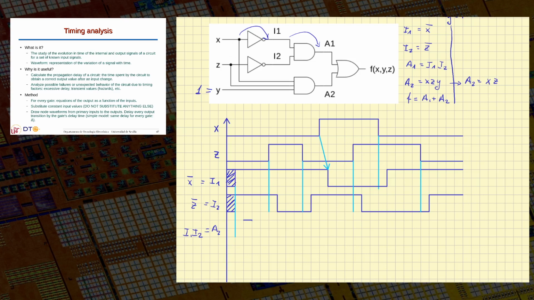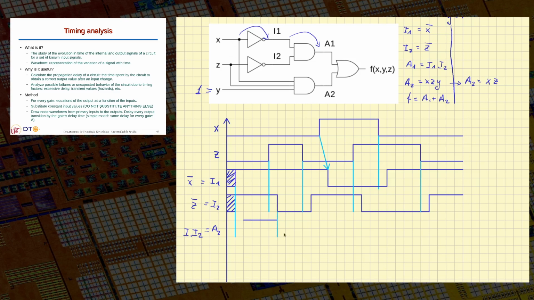And I will start drawing the signal. Every time I1 or I2 changes, I will have to reevaluate the value of A1. I will mark these times here in the chronogram.